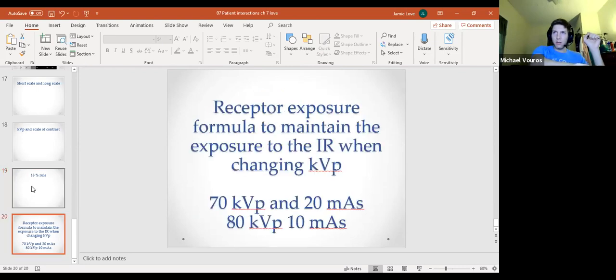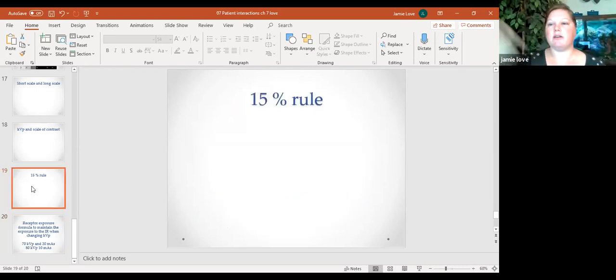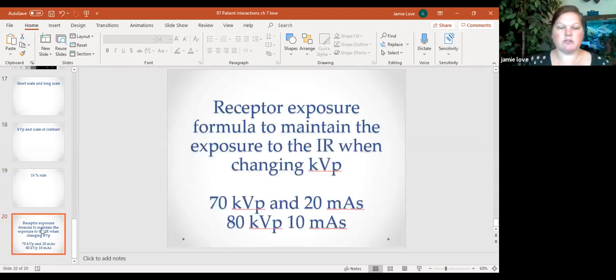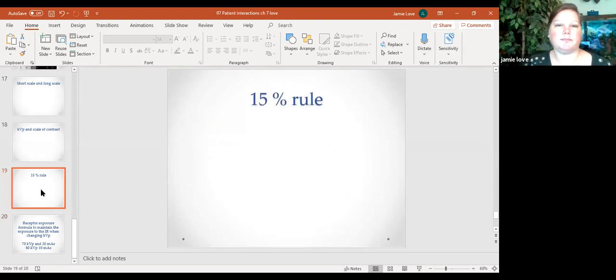Or the opposite way. Same thing happening, but less penetrating. So halving the mass instead of doubling it. Yep, good question. Going up or down 15% changes the penetration of the beam. So you're either going to be having less photons or more photons, depending on which direction. So more photoelectric or more transmission. Transmission means X-ray photons pass through the part into the film.